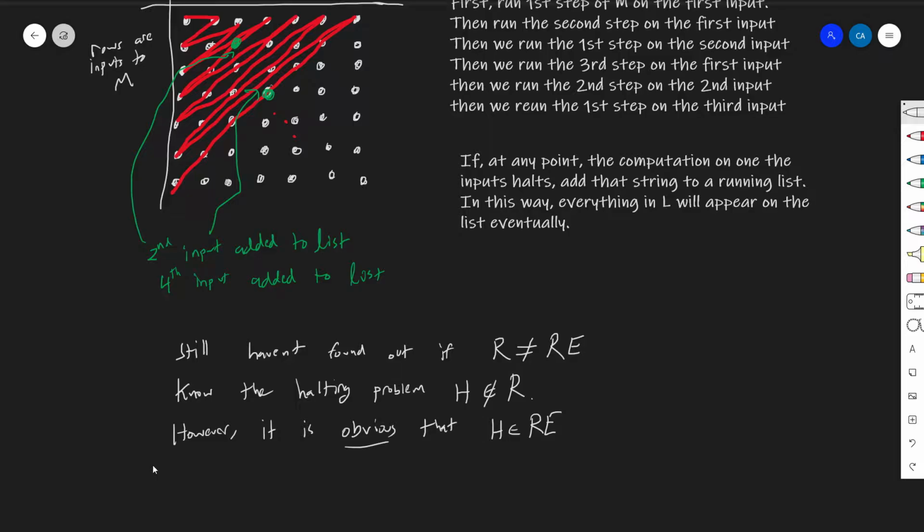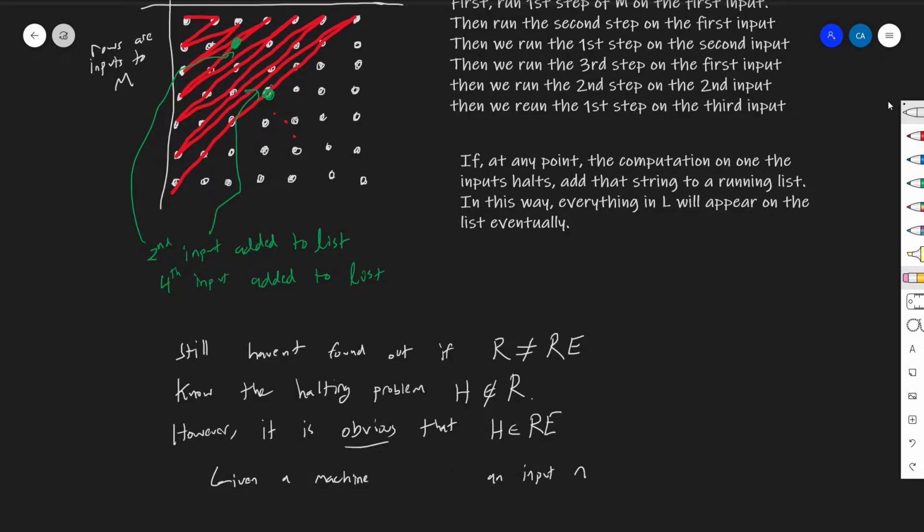With the halting problem, we were given a machine M, and an input to that machine N. I'm not going to overcomplicate it.